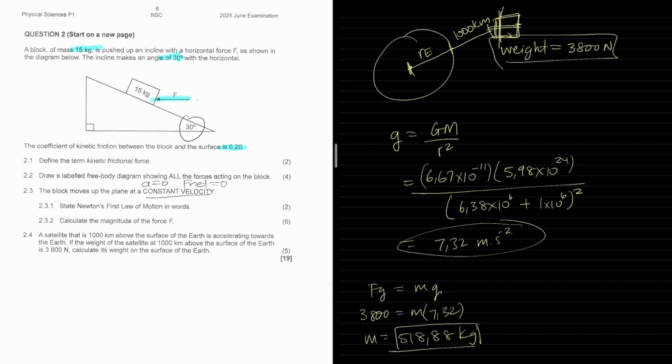Now that we have the actual mass, the mass of the substance doesn't change, so we can calculate its weight on the surface of the Earth. We can say Fg is equal to 518,88 multiplied by 9,8 since it's on the surface of the Earth, and that's going to give us a weight of 5085,05 newtons.